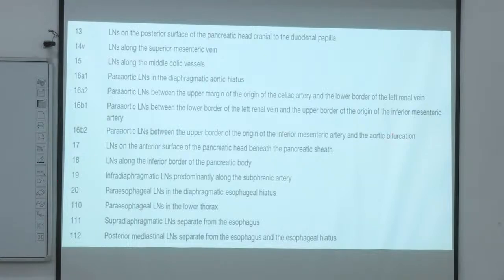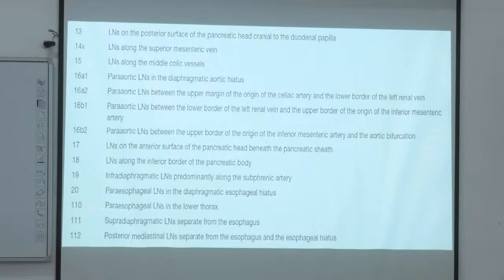Then 17 is lymph node on the anterior surface of the pancreatic head, behind the pancreatic sheath. Then 18 is lymph node along the inferior border of the pancreatic body. 19 is infradiaphragmatic lymph nodes predominantly along the subphrenic artery. 20 is paraesophageal lymph nodes in the diaphragmatic esophageal hiatus.